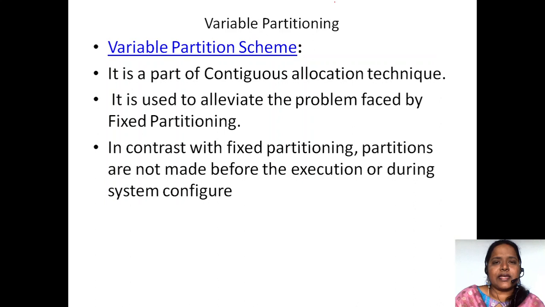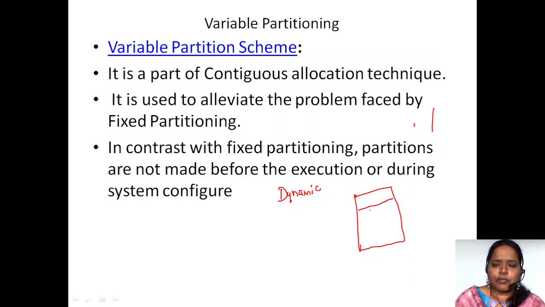And another thing is variable sized partitioning, which we can also call dynamic partitioning. Dynamic in the sense that there is no fixed size of memory. So this is the main memory.